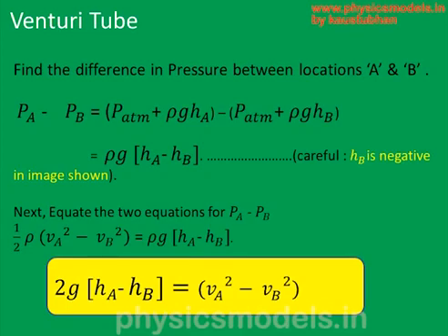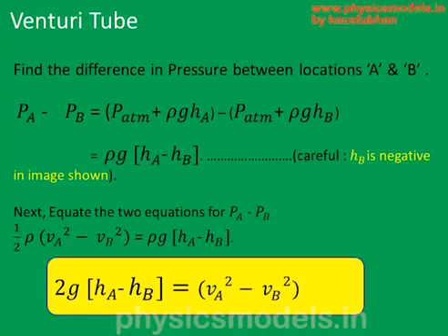Be careful that the HB was the mercury being sucked up on the left hand side, so it's negative. So in this particular case that I have taken, when it's negative, it will actually end up being HA minus of minus HB, though it may not always be the case.